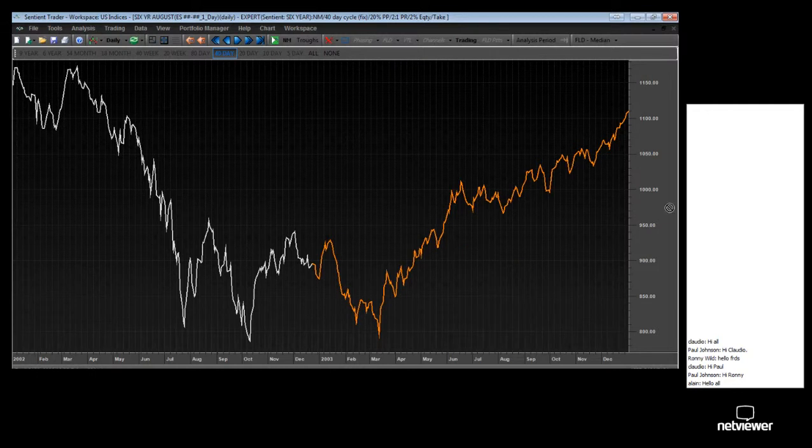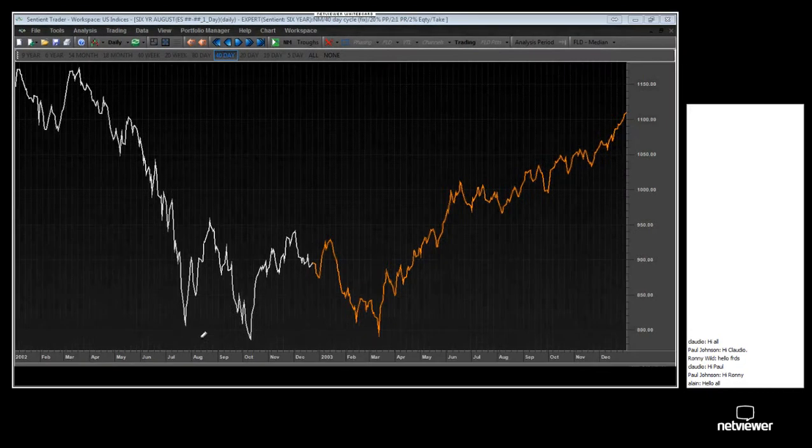Again, we have an analysis start period, which is happening right in the middle of this. Let's turn off the phasing first of all, so we're not misled by what Sentient Trader has done. Let's find those same 3 troughs. Okay, and here they are.